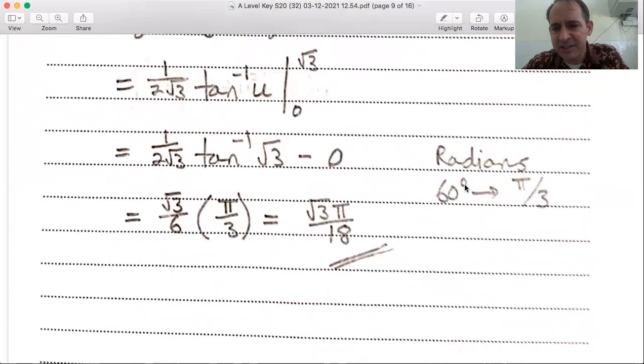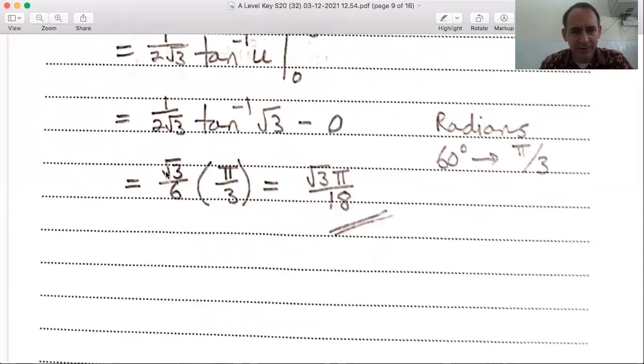I get 60 degrees, and then I go, oh yeah, 60 degrees is pi thirds. So it kind of depends on whether your calculator gives you the pi thirds as a fraction or as a decimal, but you need to be able to recognize it. The exact value is pi thirds. So for me, I went with the degrees and then converted it to fractional radians.